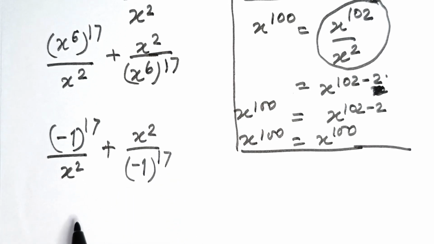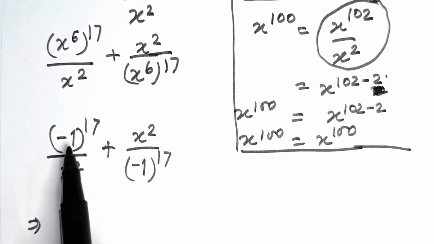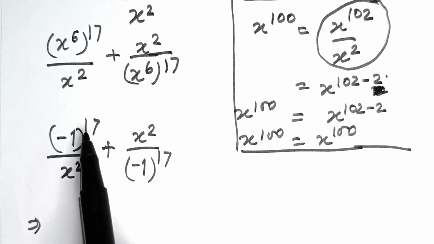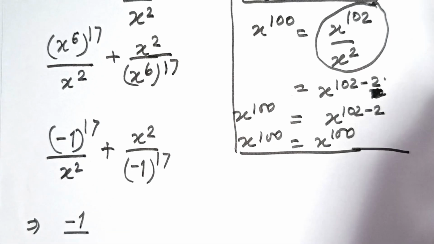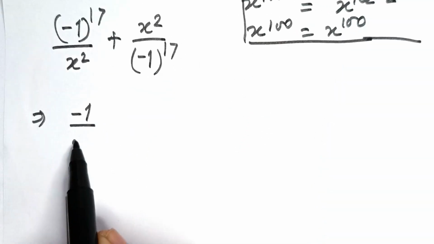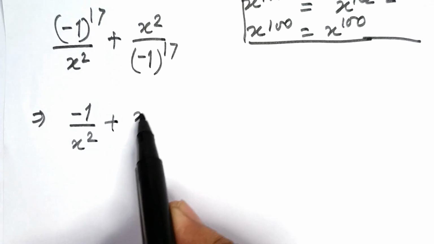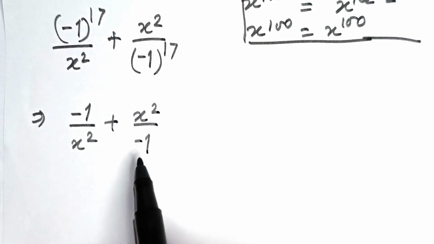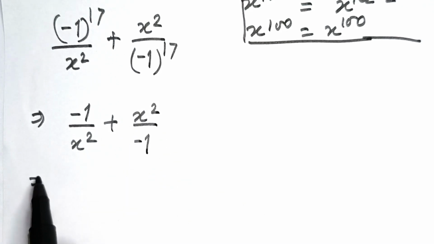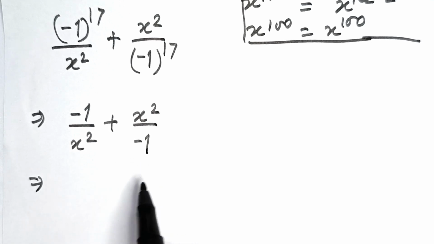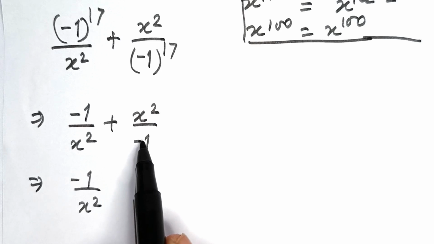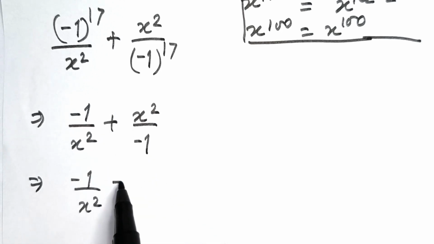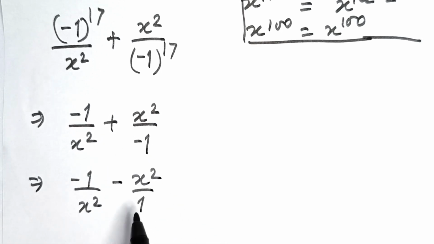Now minus 1 multiplied 17 times will be minus 1 only. Minus 1 upon x square plus x square upon minus 1. Now this will become minus 1 upon x square. So this minus will transfer upward and it will become minus x square upon 1.